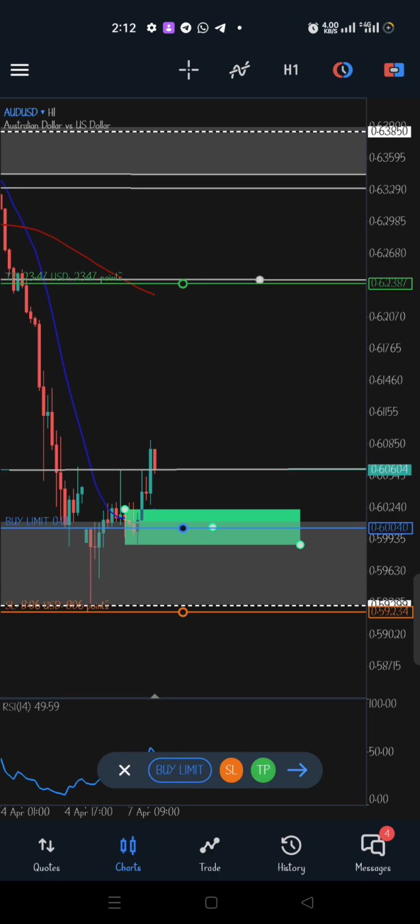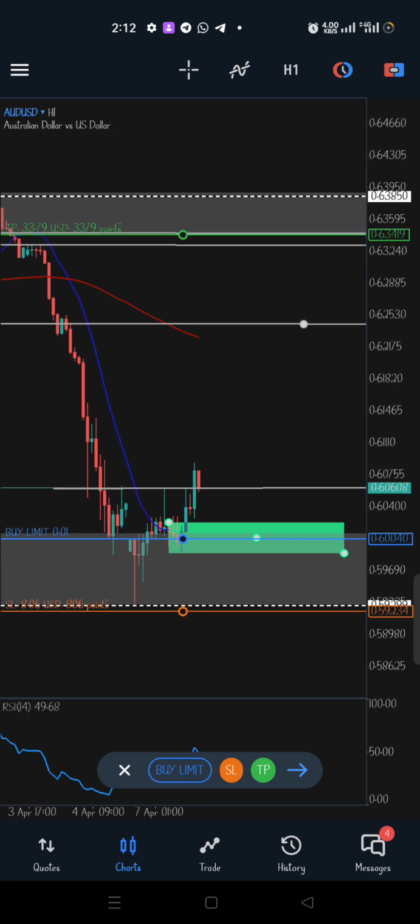And I'll have my first take profit at the next supply zone, because there should be a form of price rejection around this point. Looking at the risk reward ratio, we're risking $8 to gain $33. So that's like a 1:3.5 risk reward ratio, and this is an ideal trade.